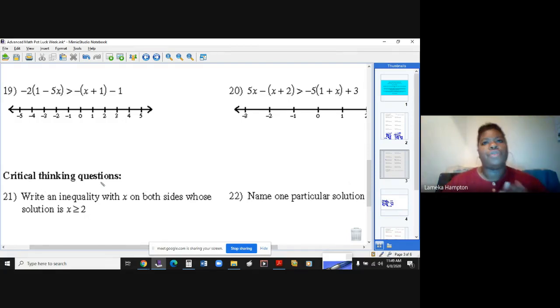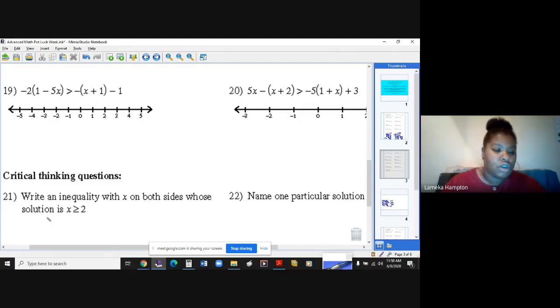Now, these are critical thinking questions, and these are the types of questions that you want to be masters at. This is going to require you to use your deductive reasoning, or in layman's terms, common sense, and what you already know. Okay, so very quickly, it says write an inequality with x on both sides whose solution is x is greater than or equal to 2.